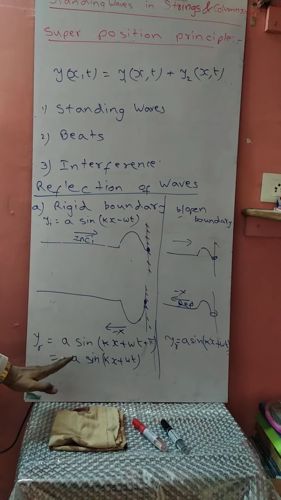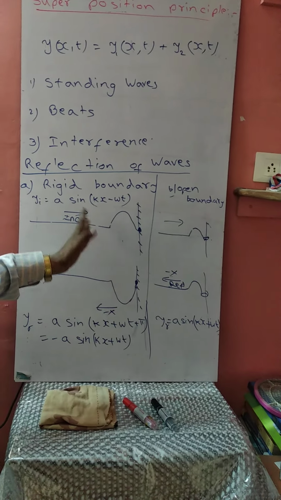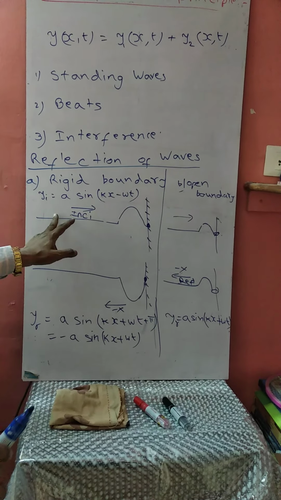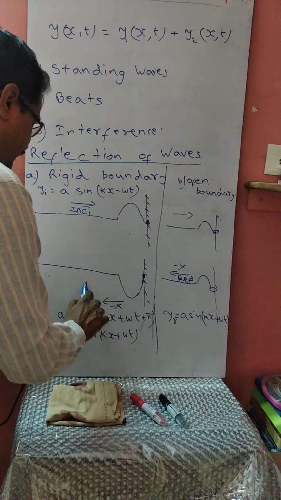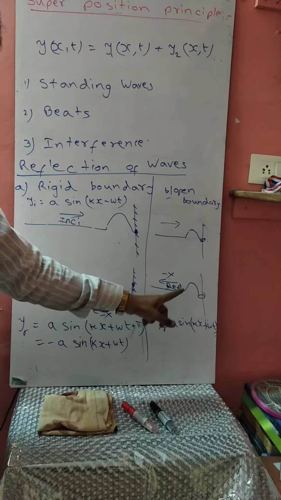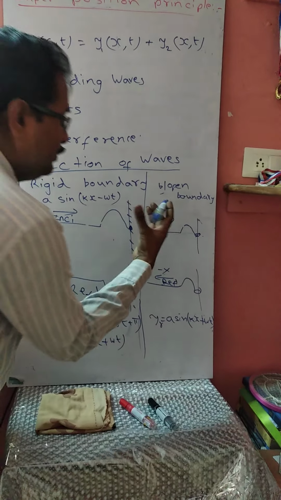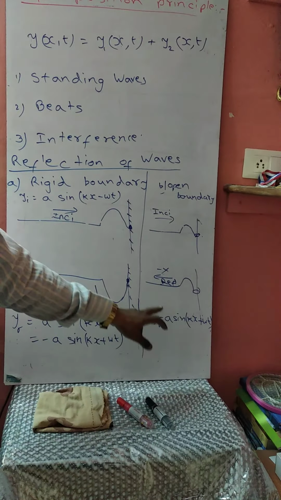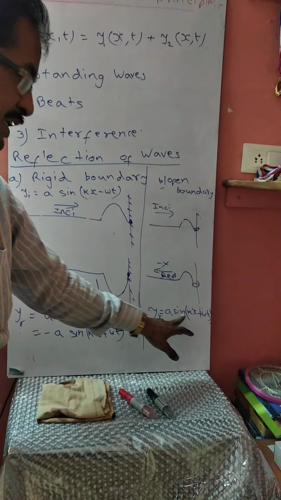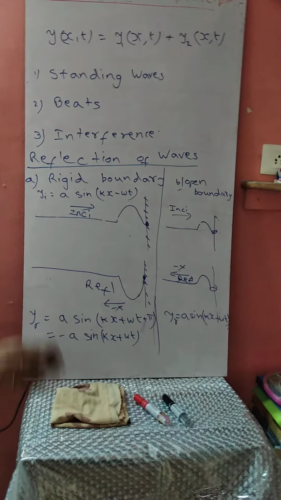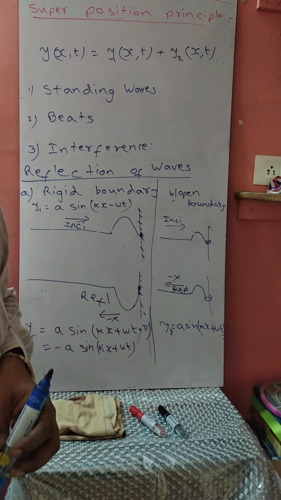At a rigid boundary there is a 180 degrees phase difference between the incident wave and reflected wave, and the wave starts moving in the opposite direction. And in the open boundary reflection, there is no phase difference between the incident wave and reflected wave. So the reflected wave is a sin(kx + ωt), but the wave is reflected back in the opposite direction.